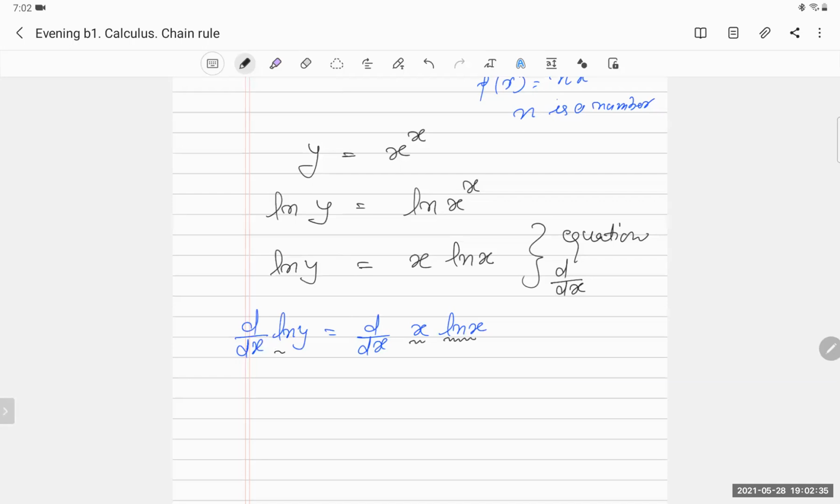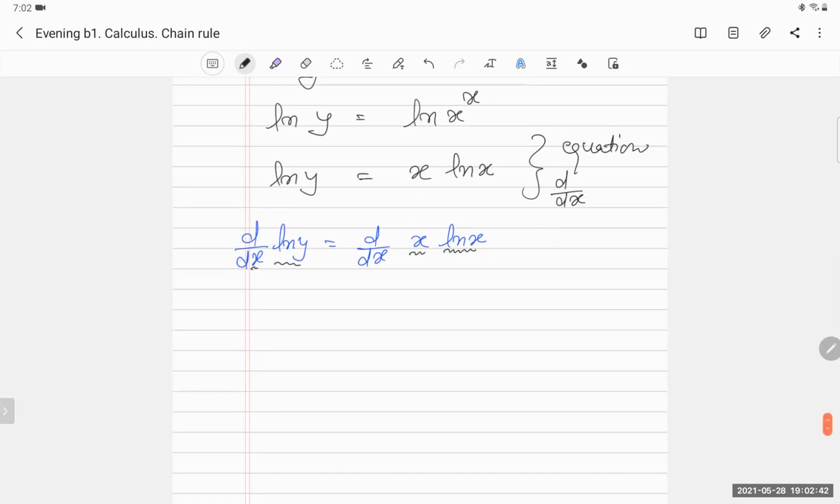Here I am getting chain rule because here I am getting ln and inside is y. First tell me what is the derivative of ln? 1 by y. 1 by whatever is inside. So 1 by y. Now my ln is gone. I am left with dy by dx.